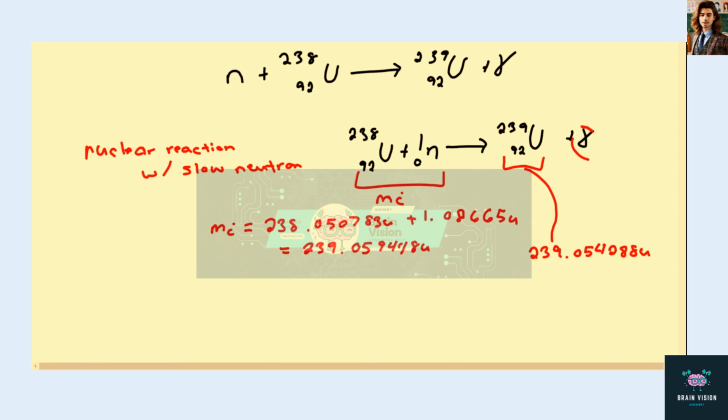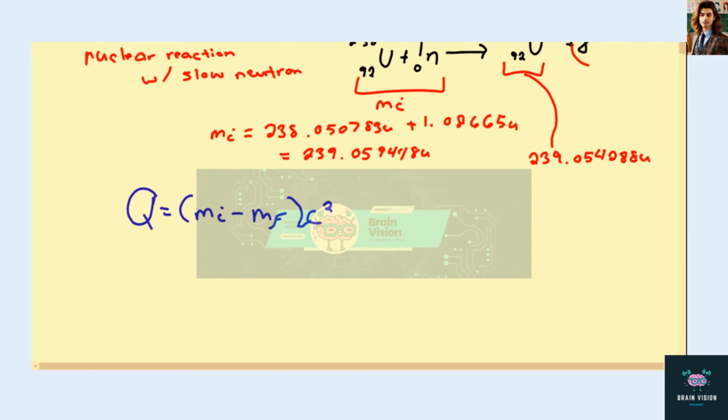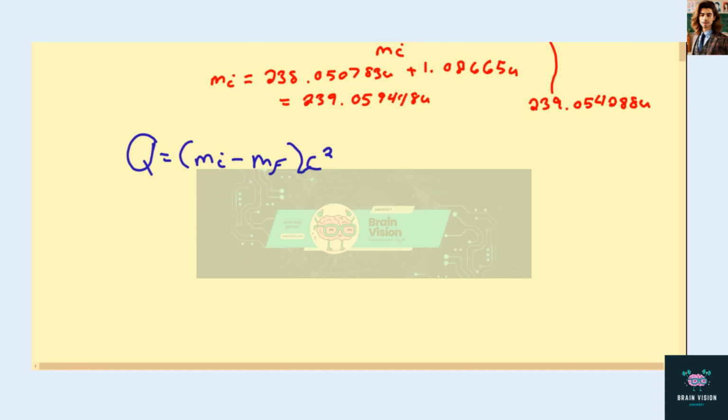So now we can use this equation. We have the Q value equals M initial minus the M final, and the speed of light. Okay, let me just scroll down. There we go.